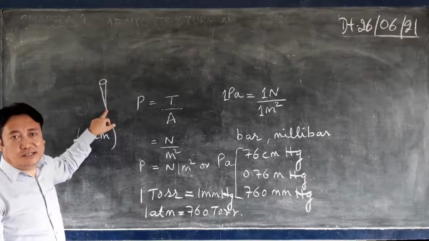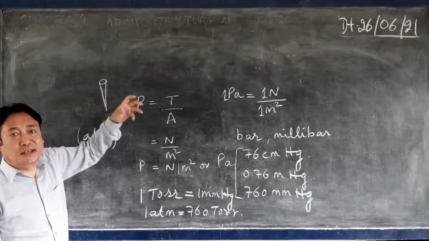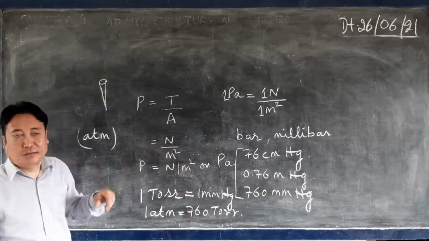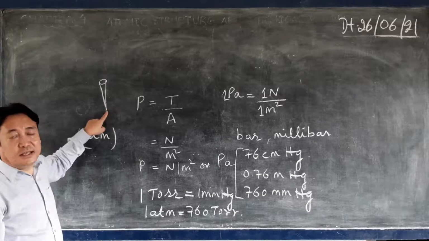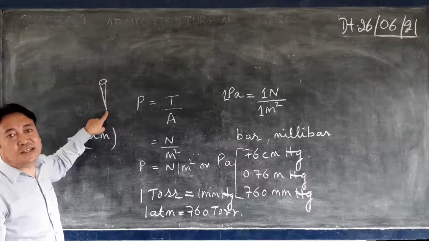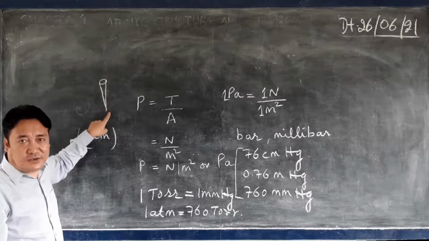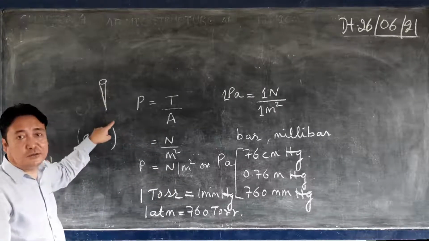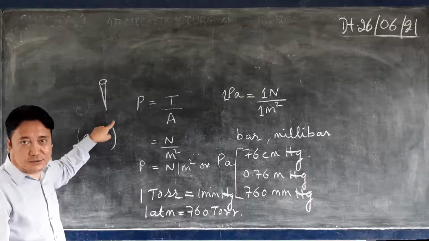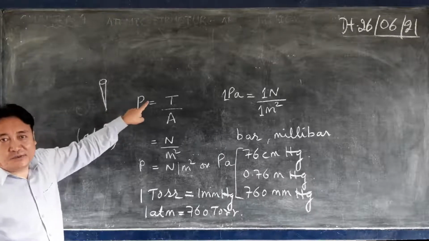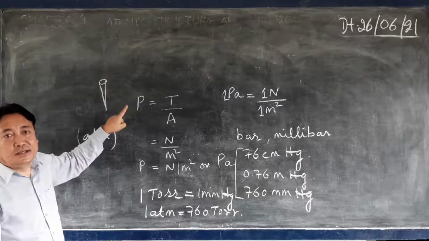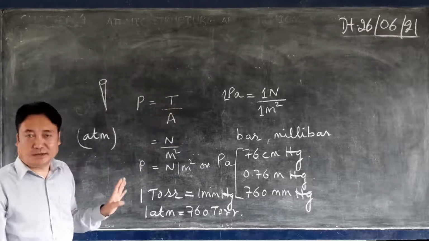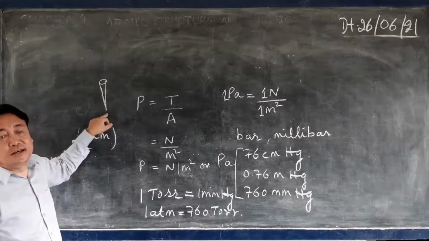Because it becomes easy to pierce the nail into a wooden plank by applying less effort or less force. In the pointed end of the nail, the surface area is less. So when the surface area is less, by applying less force the nail can pierce into the wooden plank easily. So the pressure can be increased by reducing the area.